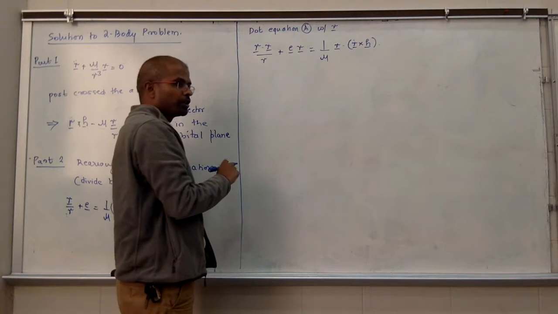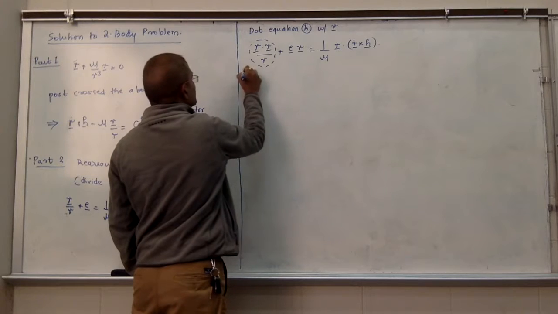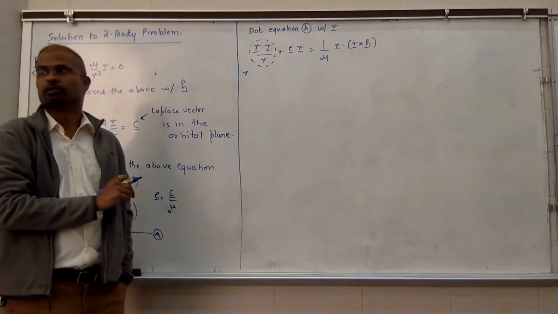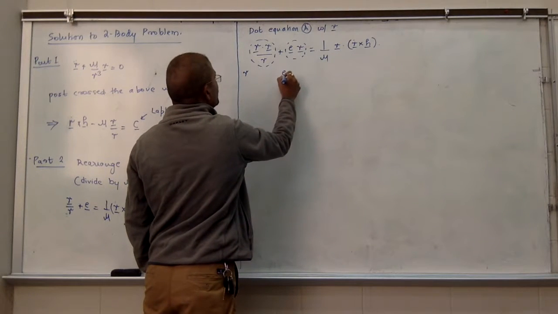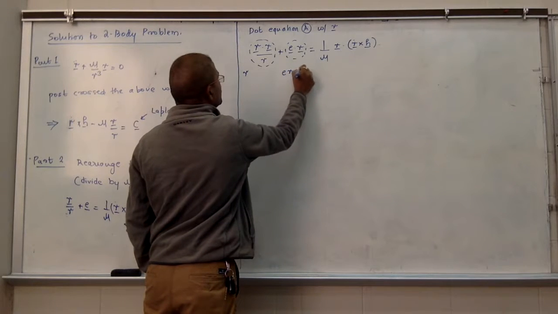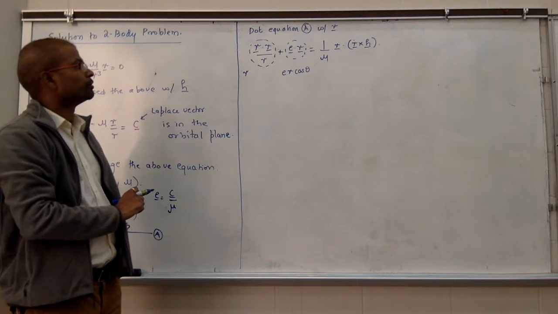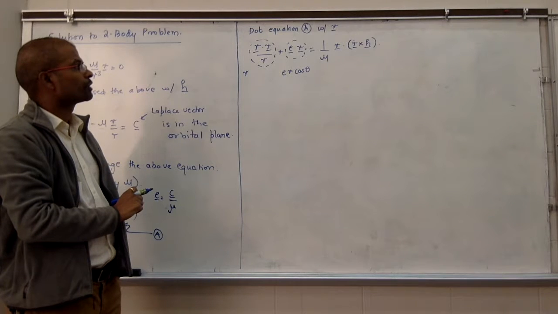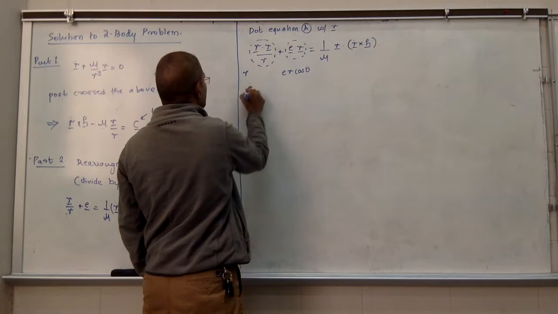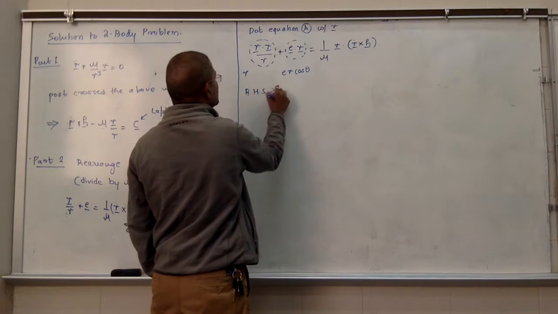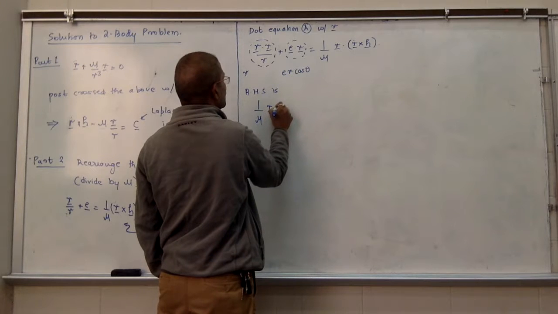It's R squared divided by R. It's just R, that's a scalar. So this will result in R. You can write the term E dotted with R as E R cosine theta, where theta is the angle between E and R. Now you have to solve for the right hand side, 1 over mu R dot cross H dotted with R.